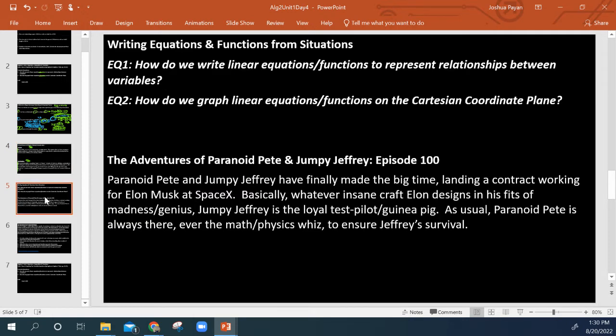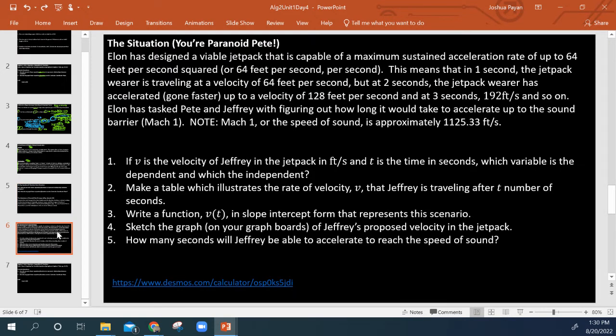Okay, so here we see a situation about paranoid Pete. And again, if you need to pause the video, go ahead and read up. And here we're going to actually work through this. Okay, so we see that they're working for Elon Musk at SpaceX now, and there is a jetpack that is capable of a sustained acceleration rate of 64 feet per second squared, or 64 feet per second per second.